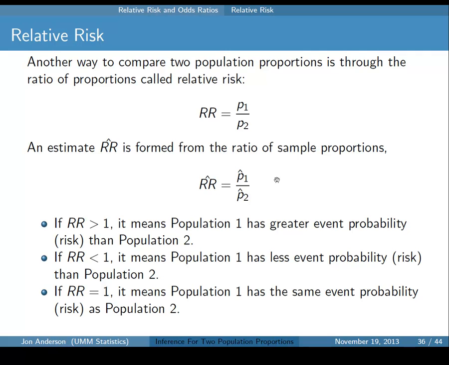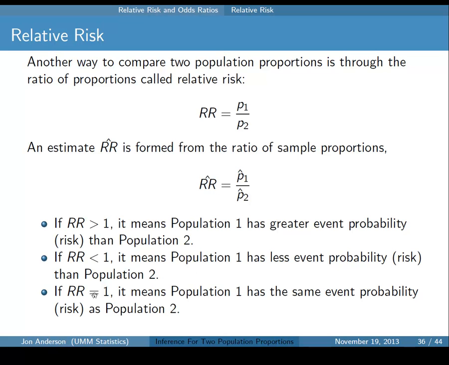To study this from sample data, we take the sample fraction from the first sample, P hat 1, and divide it by the sample fraction from population 2, P hat 2. Of course, if populations have equal population fractions, when you divide equal numbers by each other you get a ratio of 1.